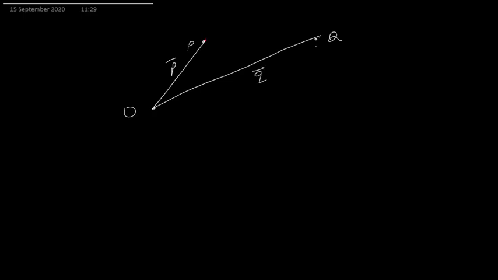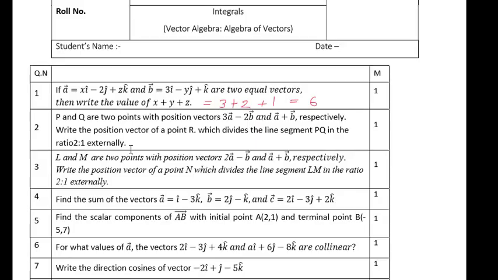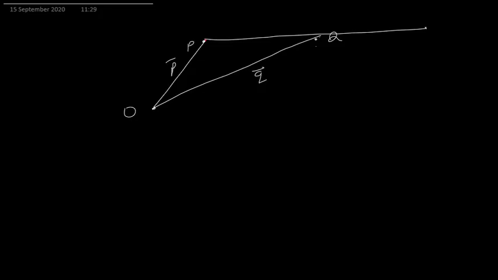Okay, and suppose on the line joining PQ, there is a point R which divides them externally in the ratio 2:1. So, there is some point R with the position vector small r bar.